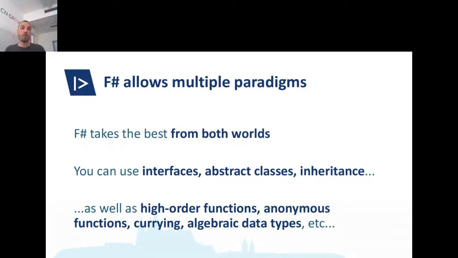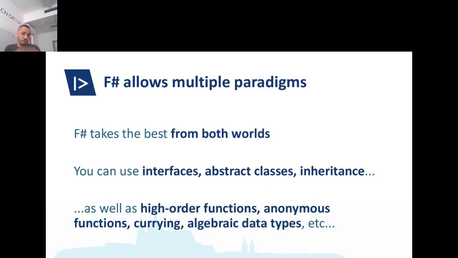So what's important in F# as a multi-paradigm language is that it takes the best from both worlds, really. You can use interfaces, abstract classes, inheritance, all the stuff you already know from C# and from object-oriented code. Why not?